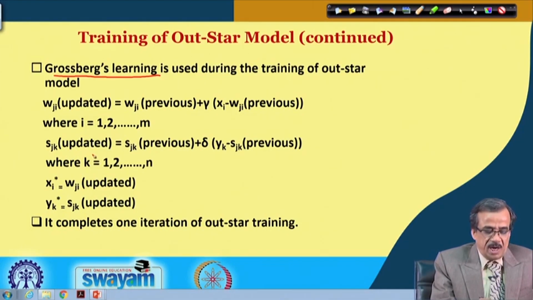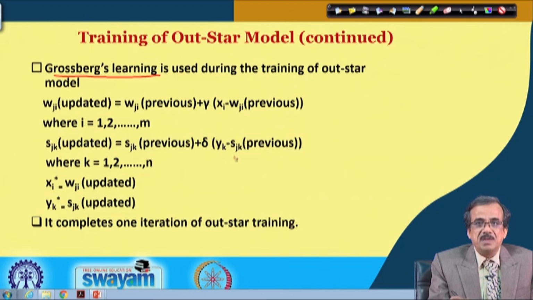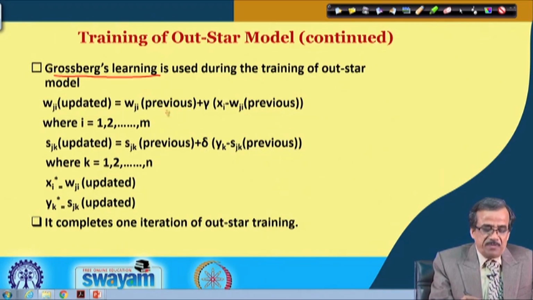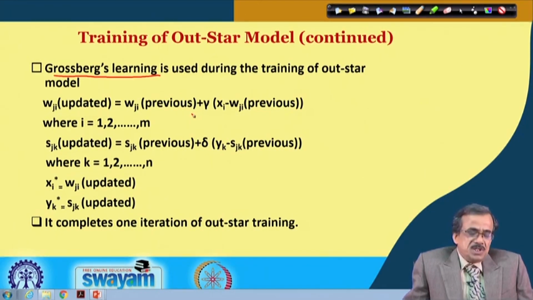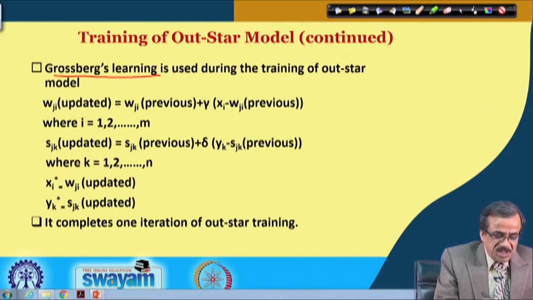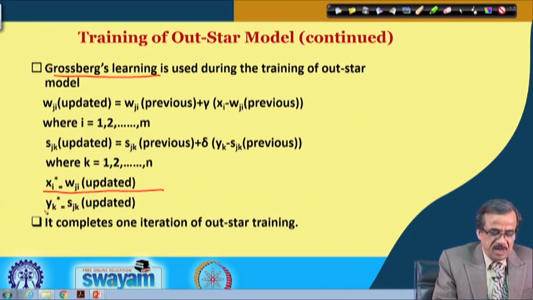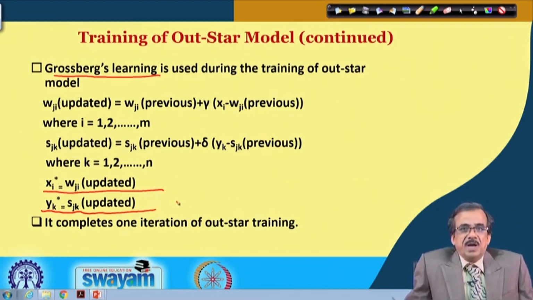Then S_jk updated is S_jk previous plus delta multiplied by (y_k minus S_jk previous). By following this, we can update the connecting weights, and at the end we take x_i star equal to W_ji updated and y_k star equal to S_jk updated, and it completes one iteration of this outstar training.